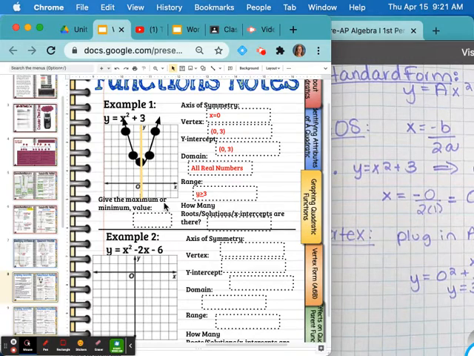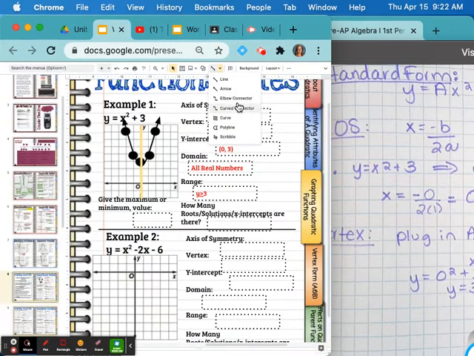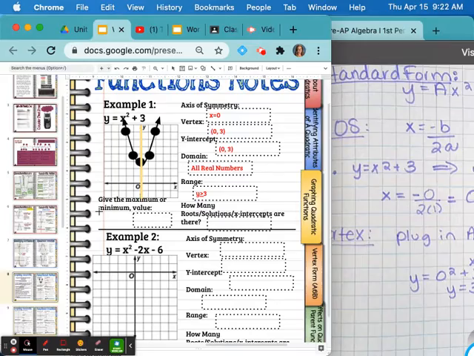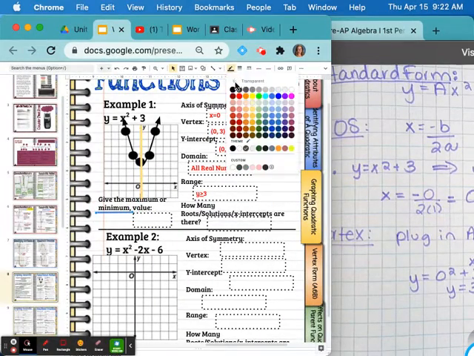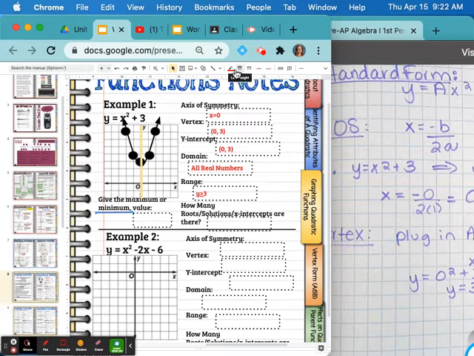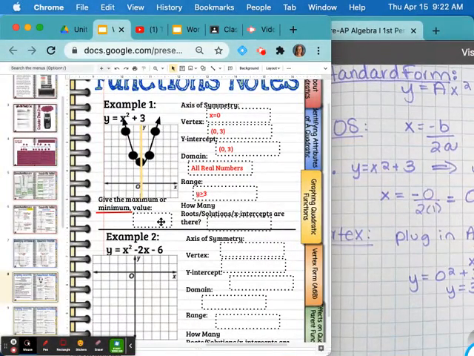Give the maximum or minimum value. What do we have here? Do we have a maximum or a minimum? Minimum. So I'm going to circle it or underline it. And the minimum value for this is how low does it go?